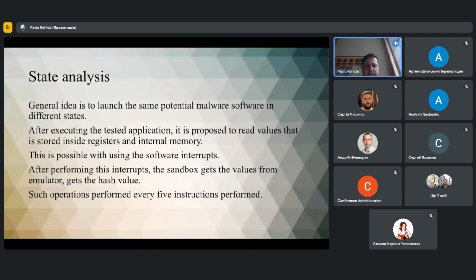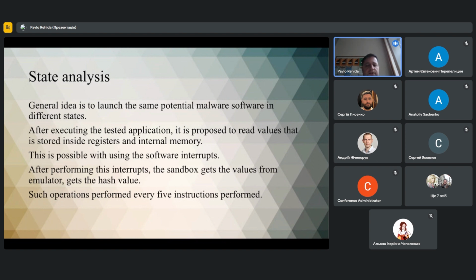How can we analyze the state? The general idea is to launch the same potential malware software in different states. After executing the tested application, it is proposed to compare real values that are stored inside a register and internal memory. This is possible using software interrupts.